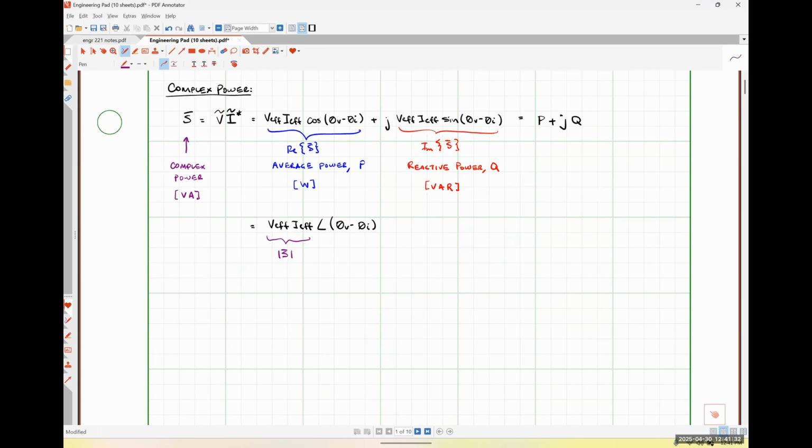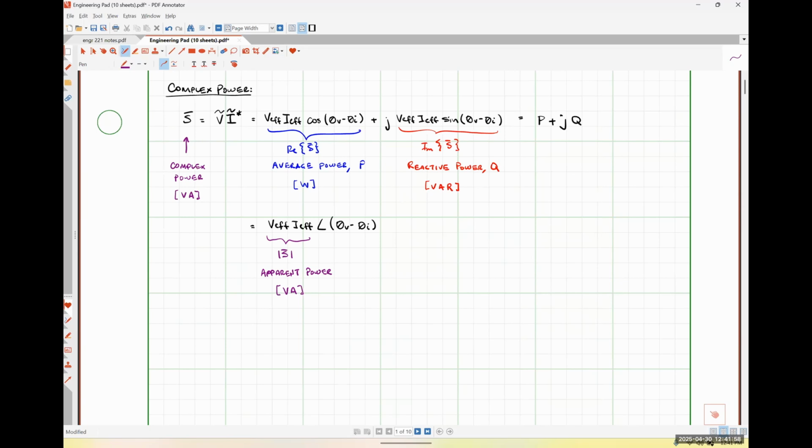So that's the symbol. And we typically refer to this as the apparent power. Since the apparent power is simply the magnitude of the complex power, so it's just the complex power where we throw away the phase angle, apparent power is also measured in volt amperes.